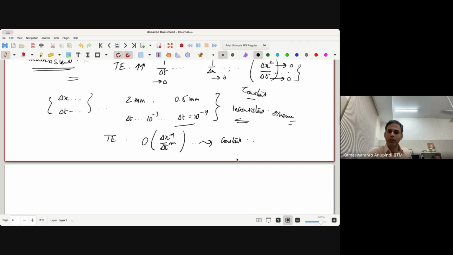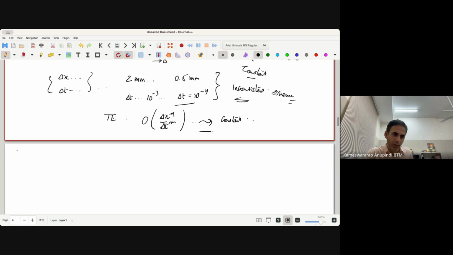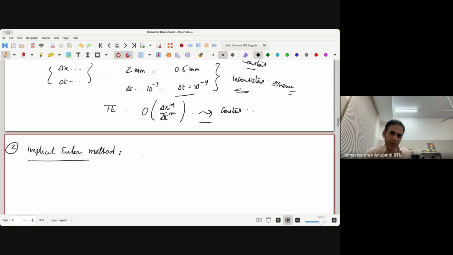Okay, fine. So then let's move on to the other method. The other method is the implicit Euler method. It will follow very similar steps, so I'm not going to do this.